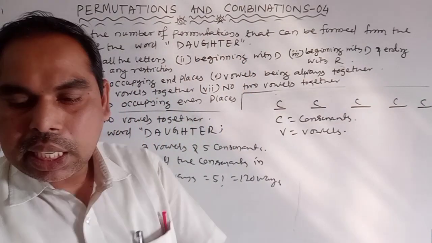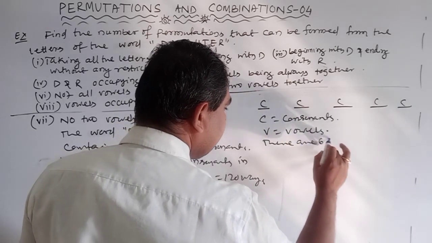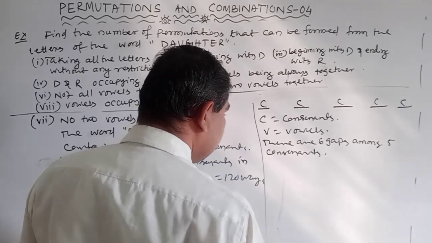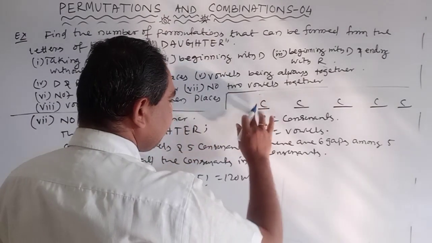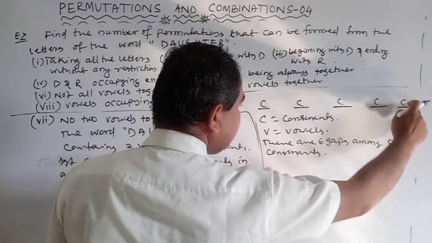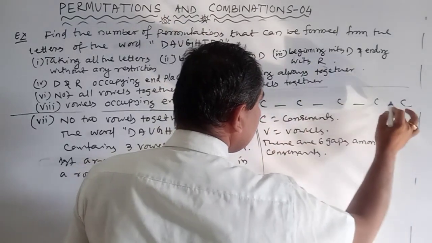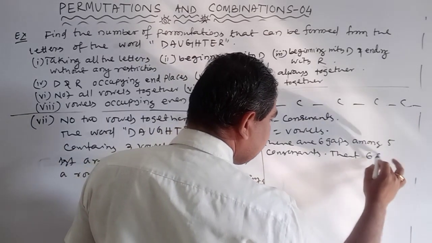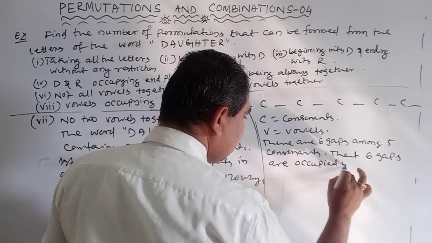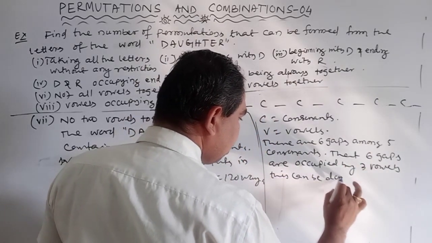These 6 gaps are to be occupied by the 3 vowels, and this can be done in 6P3 ways.